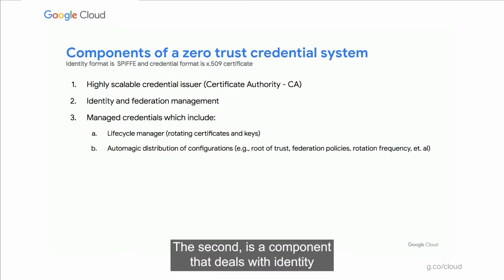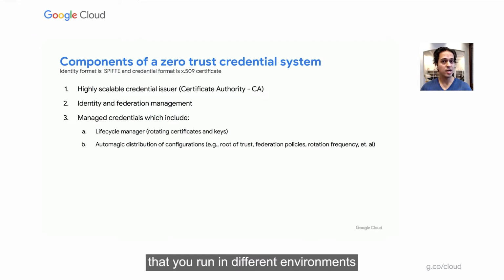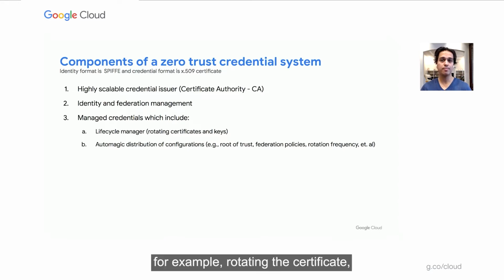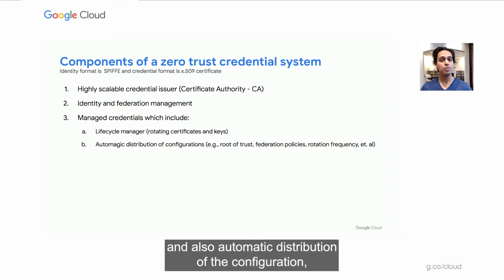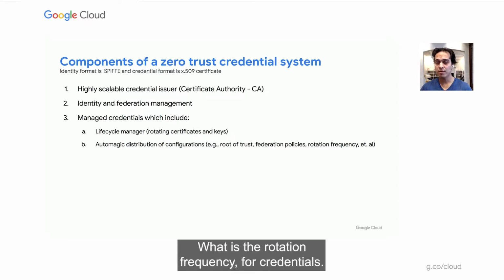The second is a component that deals with identity and federation management, such that different components of your system that may run in different environments can talk to each other through federation. And lastly is a managed credential that allows you to manage the lifecycle of the credential, for example, rotating the certificate, and also automatic distribution of the configuration. For example, what the root of trust is, what the federation policies are, and what the rotation frequency for credentials is.